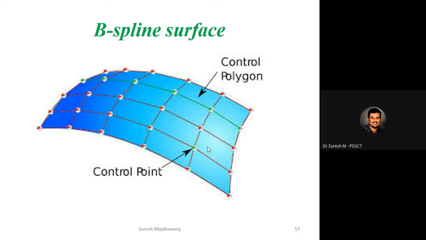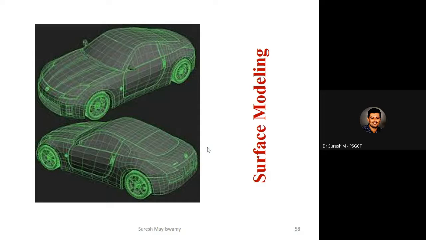So this is the example for a B-spline curve, and this is the example for B-spline surfaces. All the global and local points are approximated and the surface is generated by using the CAD software.